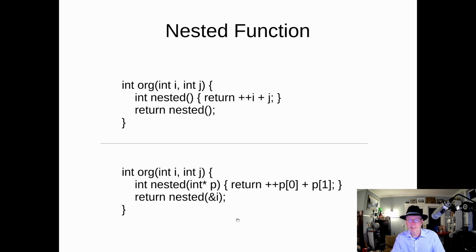What happens is the nested function again gets a hidden parameter, we'll call it p, which is a pointer to the stack frame of the enclosing function. So the variable i can be addressed at offset 0 from the pointer, and the variable j can be accessed by offsetting p by 1. And this is how it works.